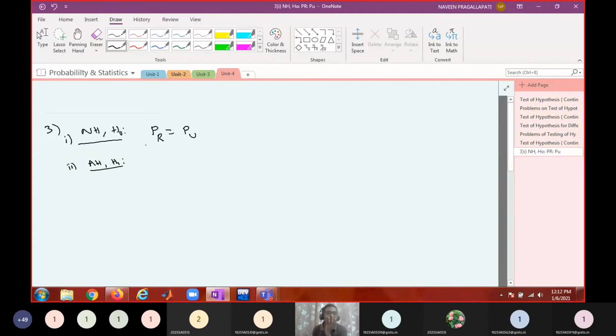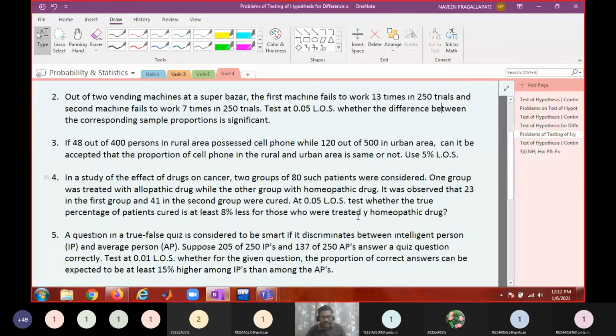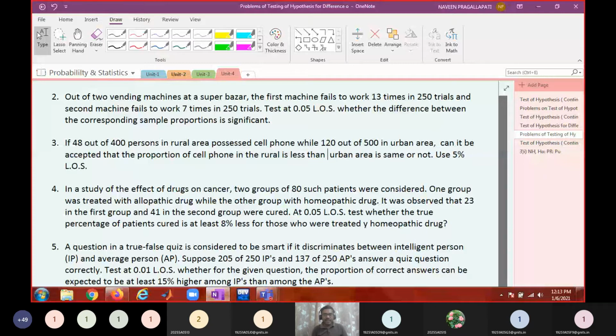Let me change the wording, then we shall solve it. Test whether, can it be accepted that the proportion of cell phones in rural area is less than that of urban area?